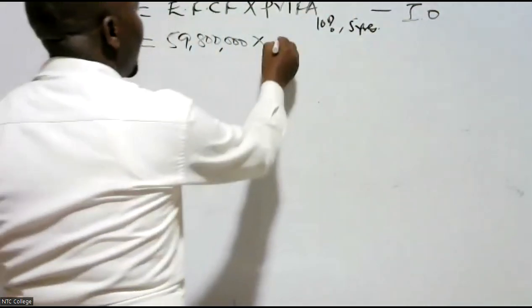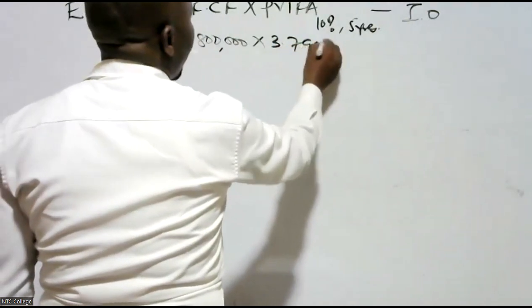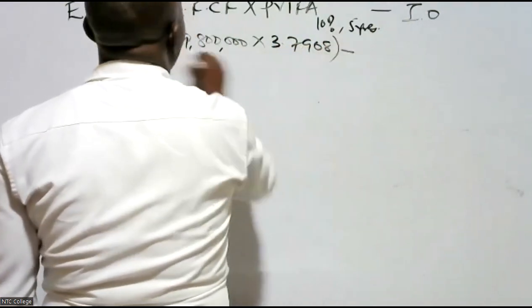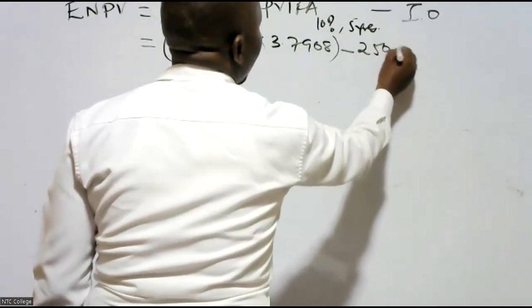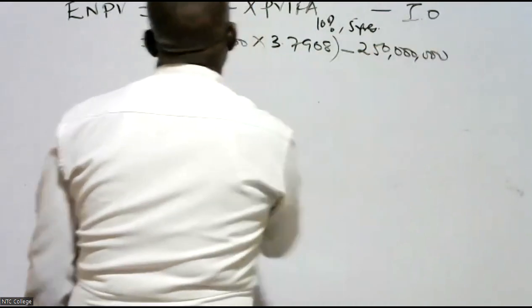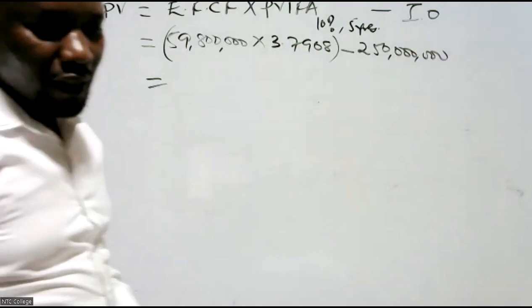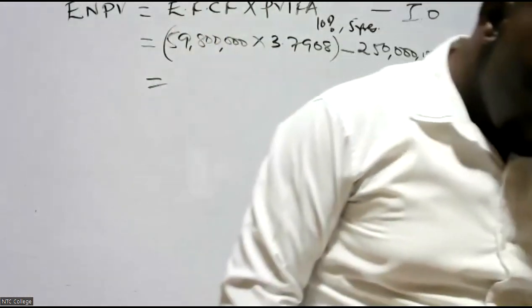It is 3.7908, minus IO, which is 250, right? So what is your answer? That answer is the expected NPV.